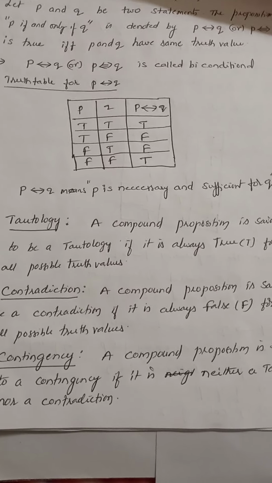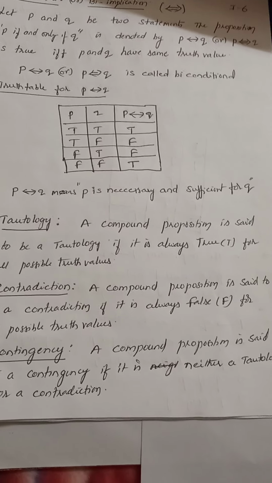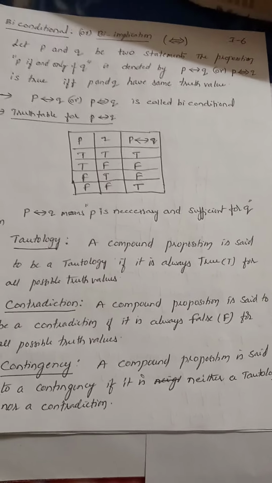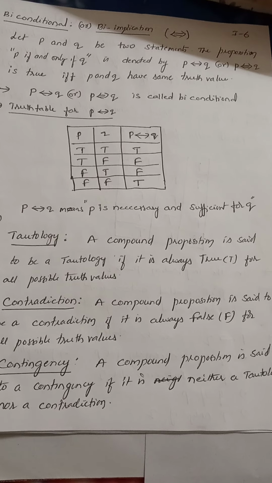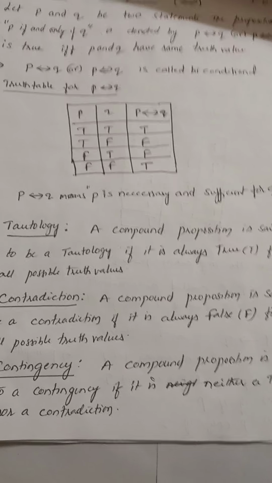That means the last column of the truth table contains some true and some false values. That propositional statement or propositional function is said to be a contingency.